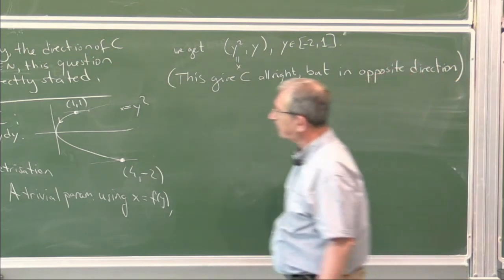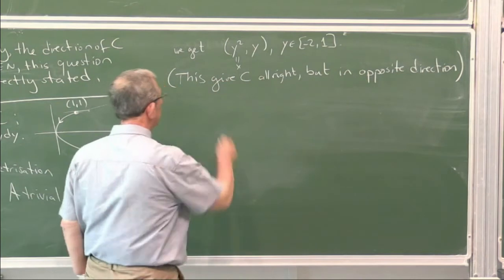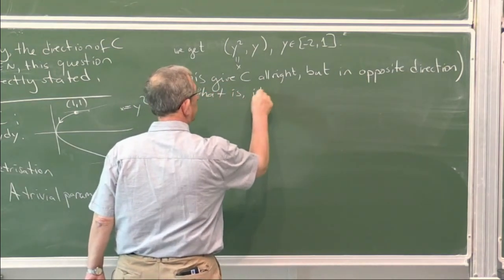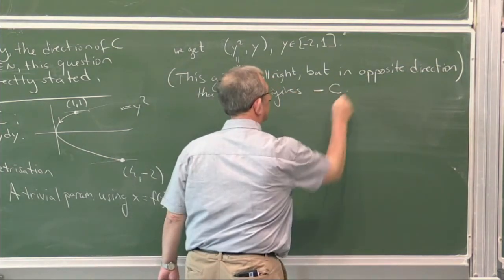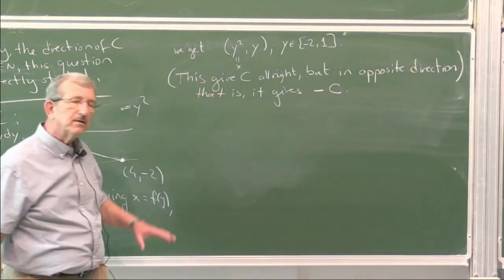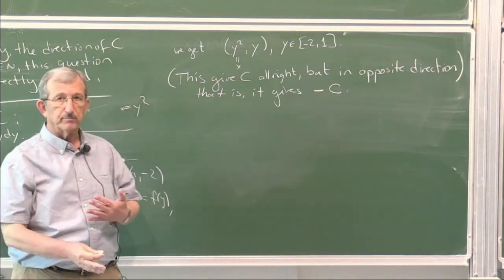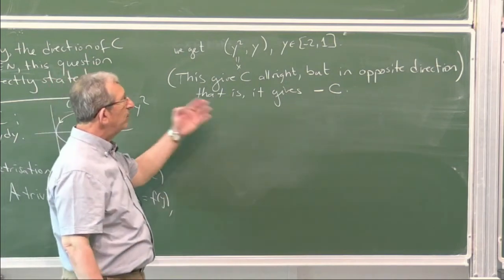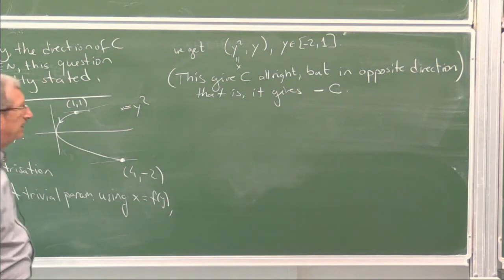If you recall our formulation, it gives -C, because -C meant the same C, but with the opposite direction. It's a directed curve, and so with the opposite direction, we obtained -C.